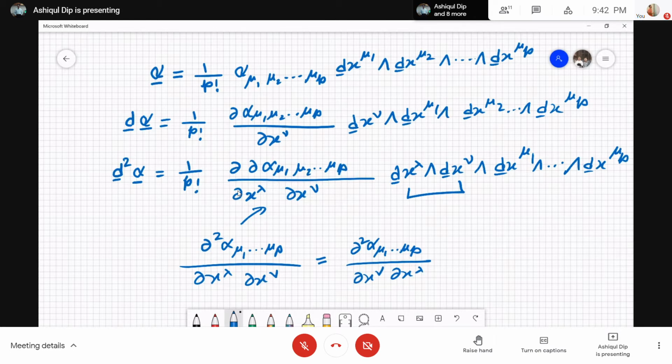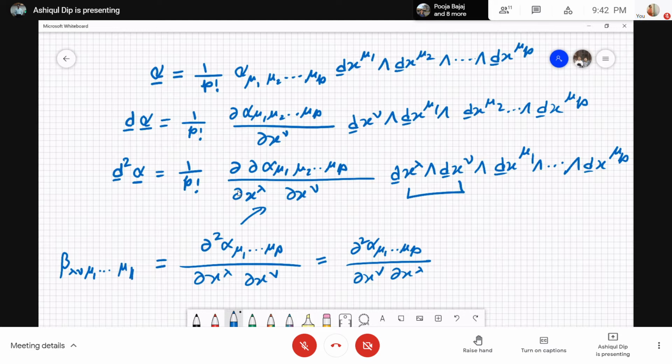Let's call this second derivative beta, with p plus 2 indices, obviously. So beta should have lambda nu, then mu1, mu2 up to mu p.